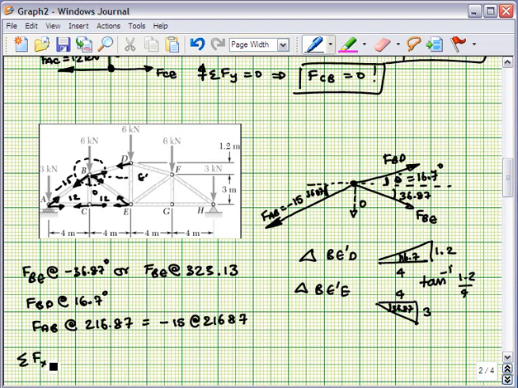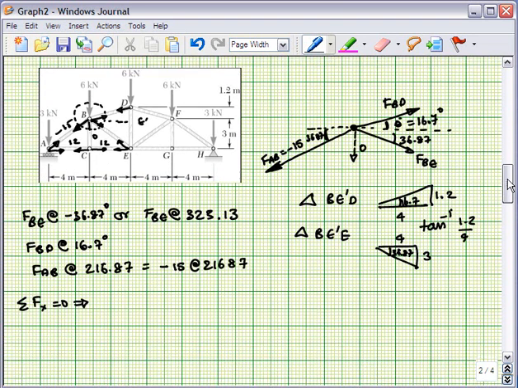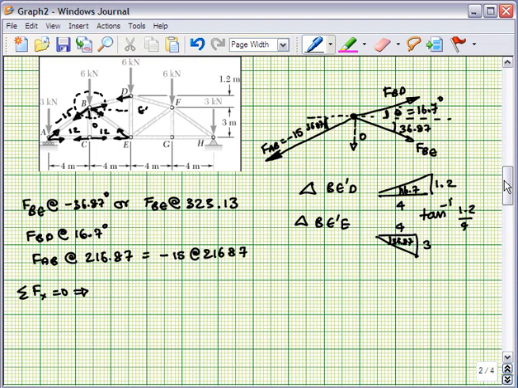The summation of all the forces in the x direction equal to 0 will give me, let's see, what does it give me? FBE cos 323.13 plus FBD cos 16.7 degrees plus minus 15 cos 216.87 degrees must be equal to 0.